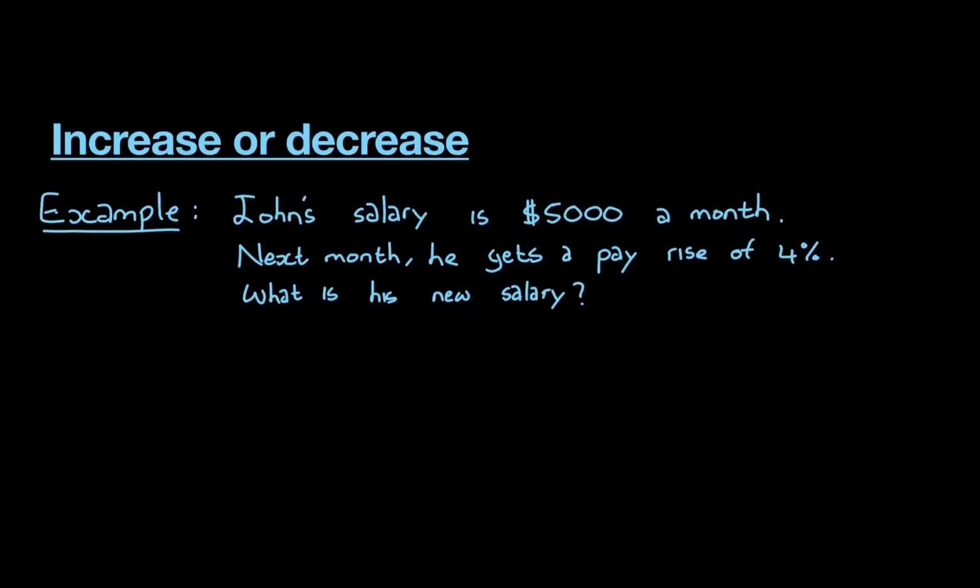Now I'll show you another method of increasing a value by a certain percentage. We'll use the same example. Like before, his salary is $5,000, and it's going to increase by 4% next month. So we know that this $5,000 is 100%, the whole value.